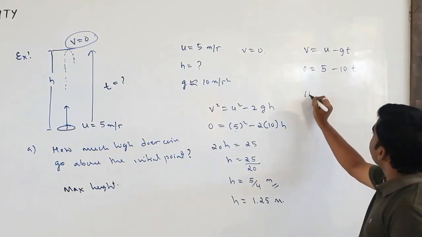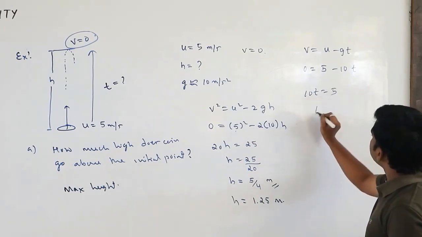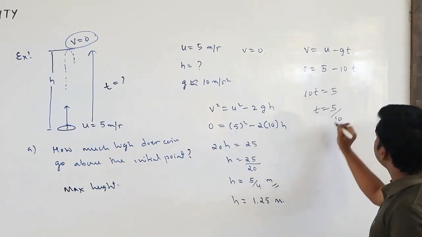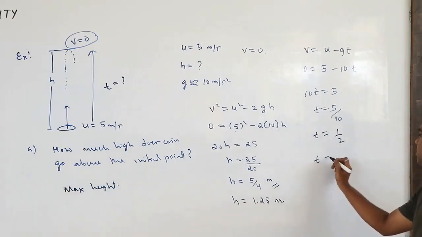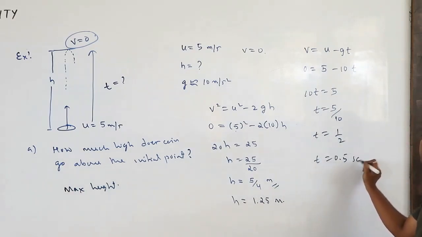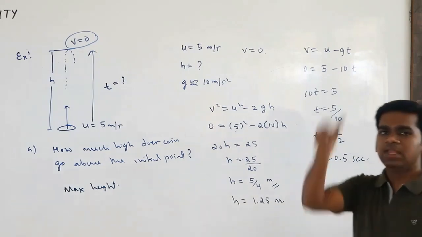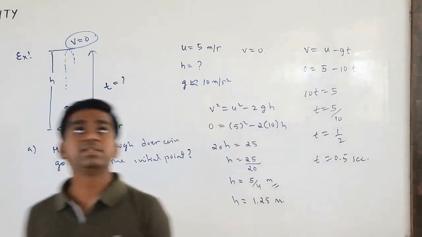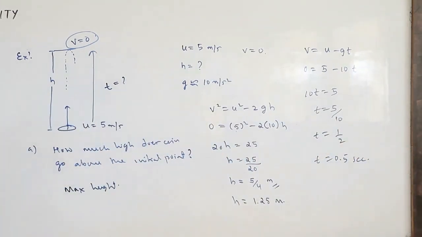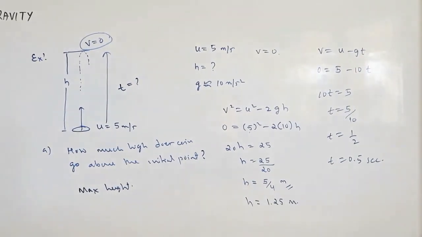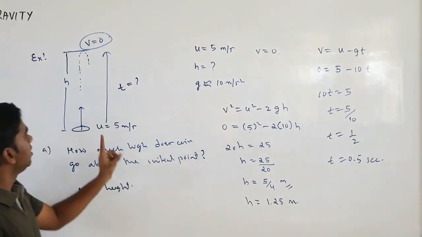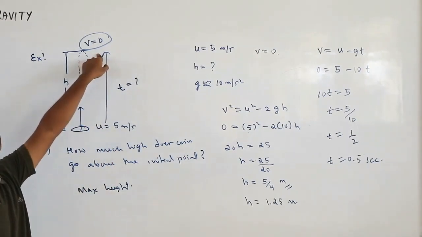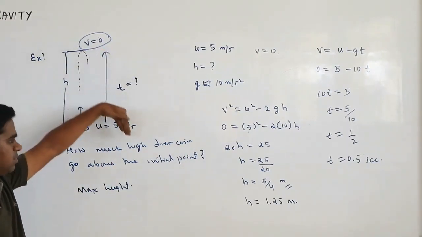So 10t equals 5, so t equals 5 by 10, so t equals 1 by 2, so t equals 0.5 seconds. In 0.5 seconds it will reach the maximum height, again it will come. So that 0.5 is not the time to go and come, it is only to reach the maximum height. Again you have to find how much time it will take to come back.